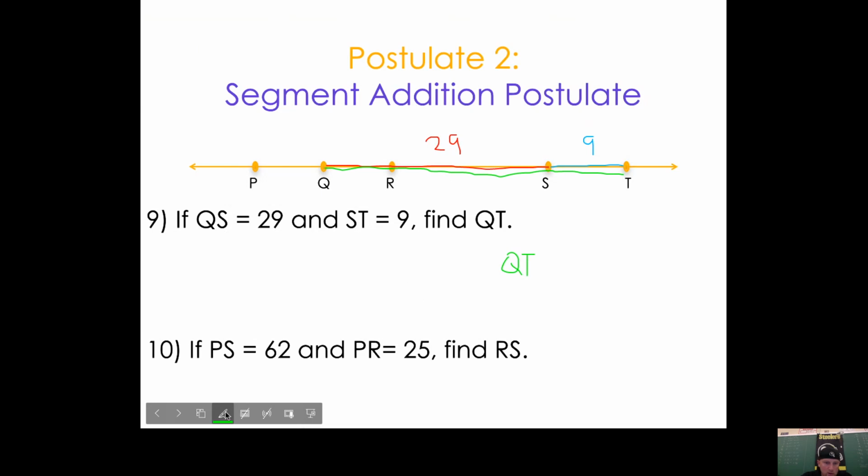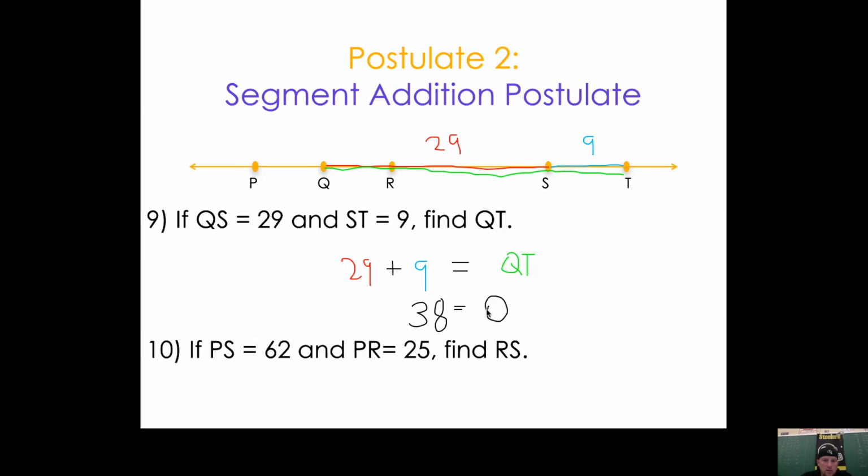Well, red plus blue gives you green. So we got 29, and we also have 9. Together, when you add those, you get the green segment. So 29 plus 9 gives you 38.